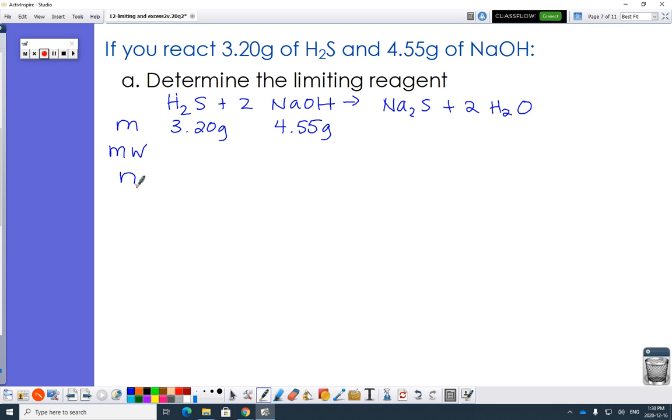And find moles, okay? So again, you decide for yourself. Do you want to show your work for molecular weight? Are you good at it enough now that you don't need to do that? Do you need to show your work for moles? No, I don't want to. I'm just going to write the answer in. It really sort of depends. Like, you know, you guys decide what's what, okay?